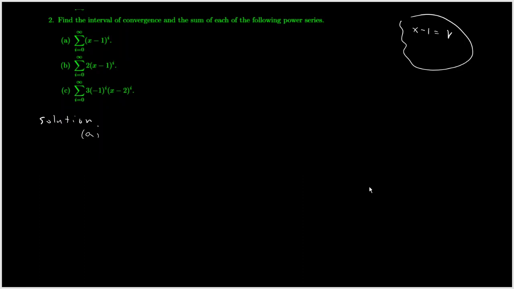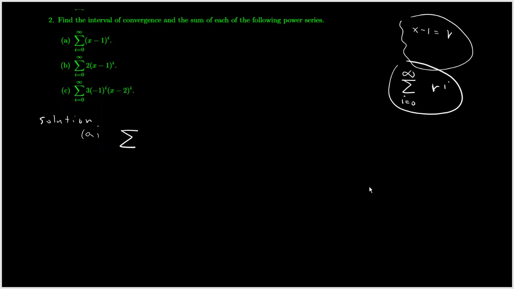If you treat x minus 1 as R, then you have exactly the form of R to the power of I, with I from 0 to infinity. Again, I want to treat x minus 1 to be R, so you have the form of a geometric series. Okay. So that you can use the formula. So by that I mean the sum.